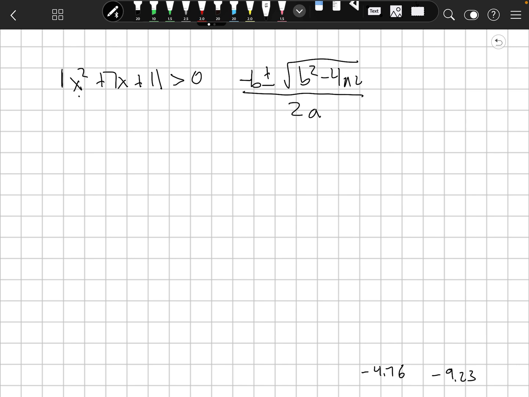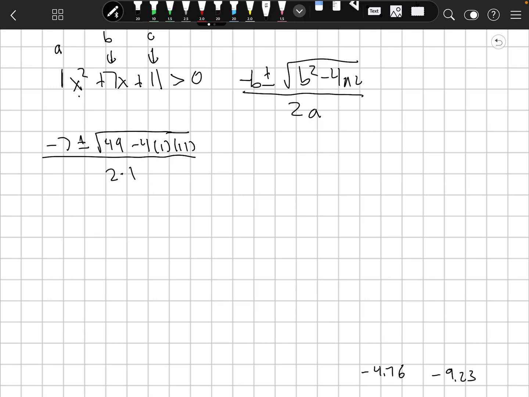Remember that 1 is A, B is 7, and C is 11. Okay, so we're going to go negative 7 plus or minus, and 7 squared is 49, minus 4 times 1 times 11, all over 2 times 1.